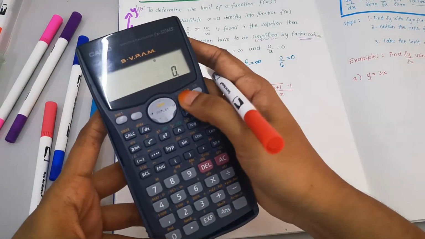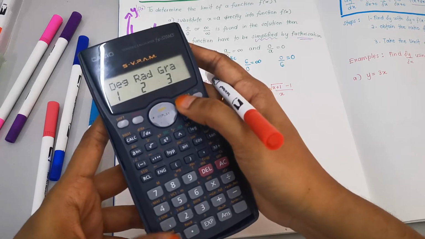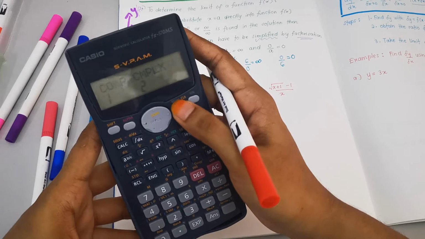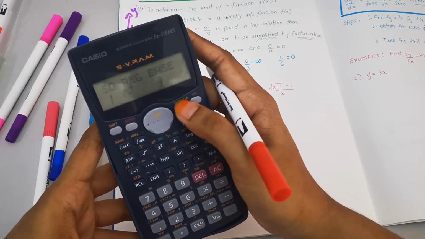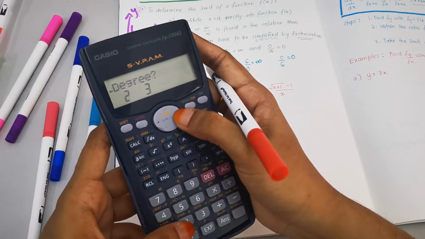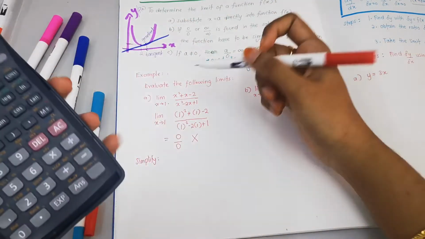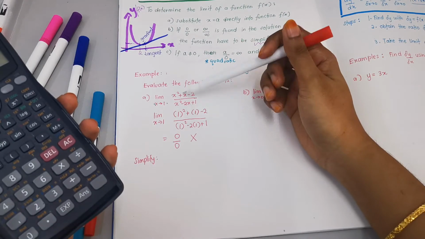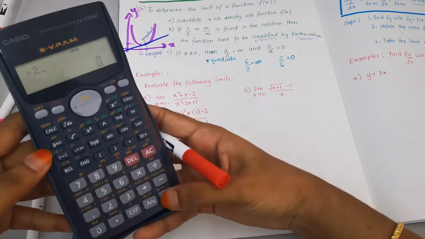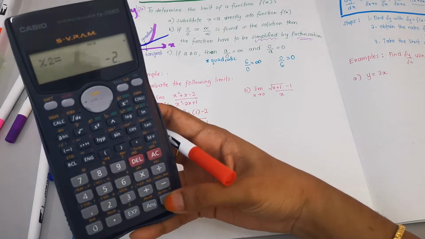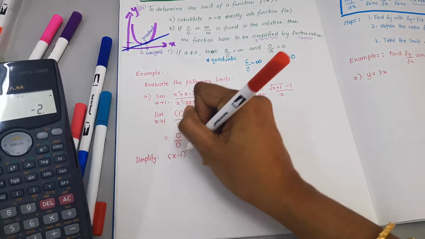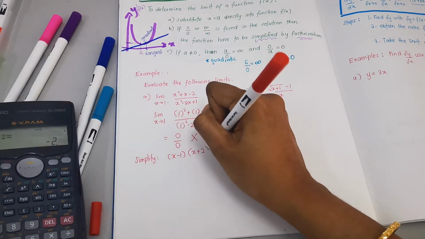You press mode 3 times, press equation, EQN, then move to the right side and press degree 2. Now we are going to apply this. So A's value is 1, B is 1, C is negative 2. So x is 1 and negative 2.